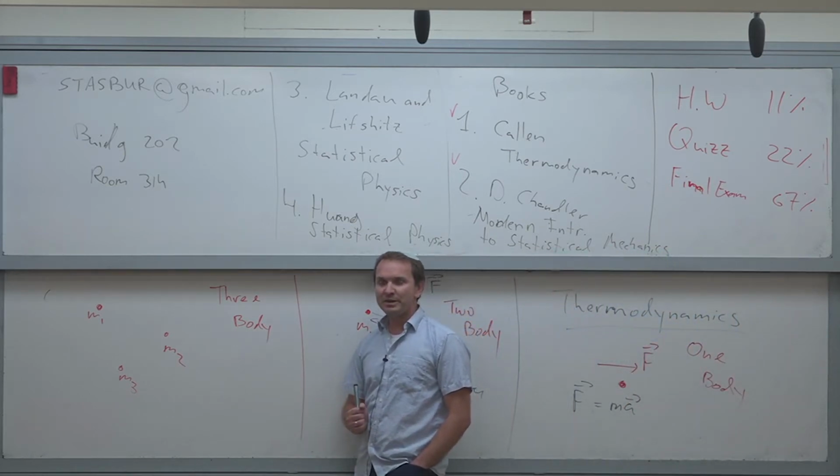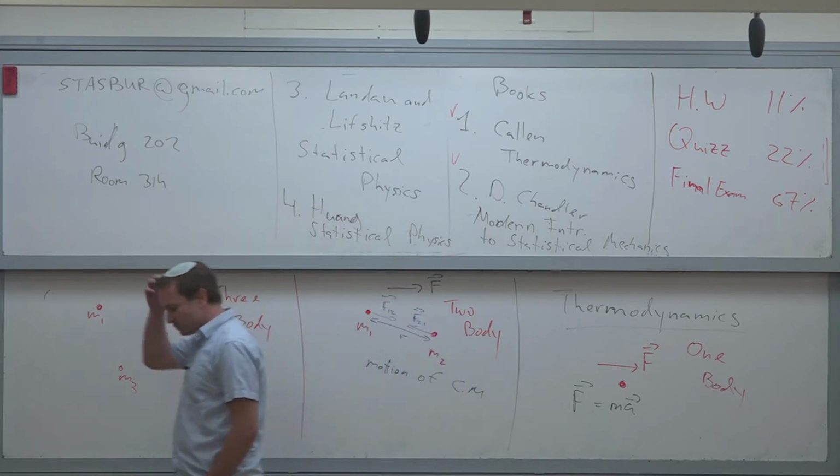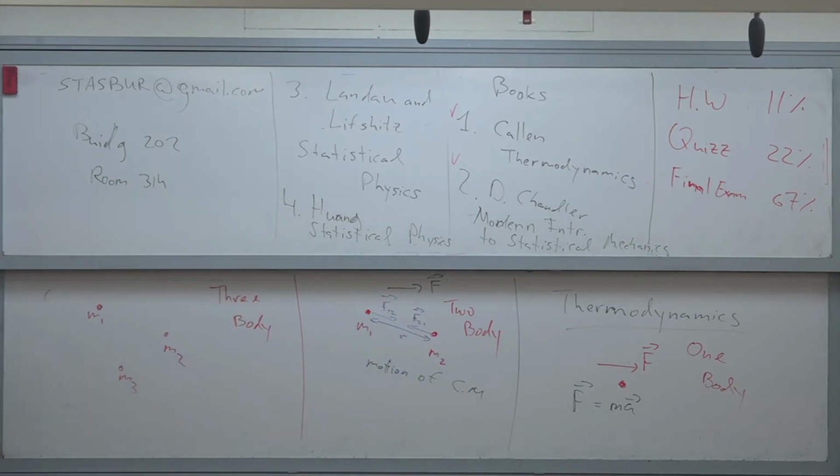Okay? At the end of the 19th, beginning of the 20th century, French mathematician Henri Poincaré showed that actually starting from this system, you can get a chaotic behavior. What do I mean by chaotic? I mean unpredictable. Okay?